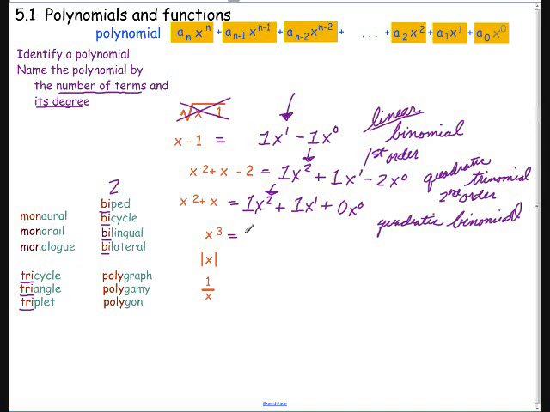How about this one? This could be written as 1 x to the third plus 0 x to the second plus 0 x to the first plus 0 x to the 0. Pretty messy looking, but certainly this is a polynomial. It fits this form.